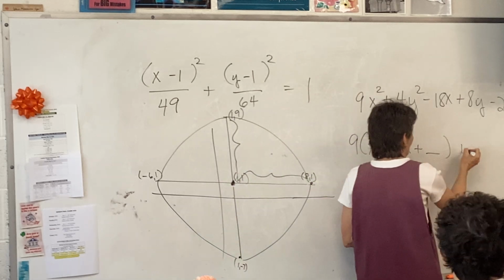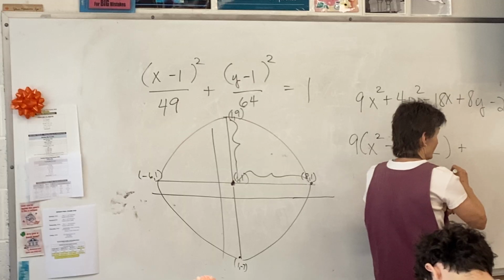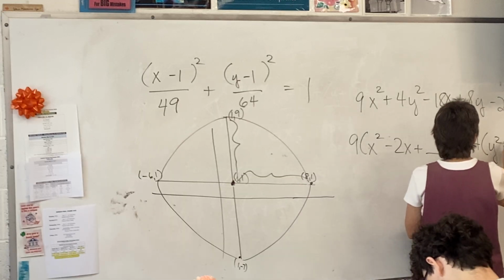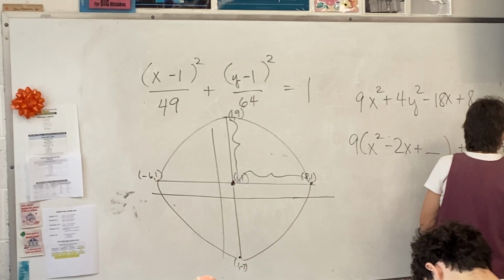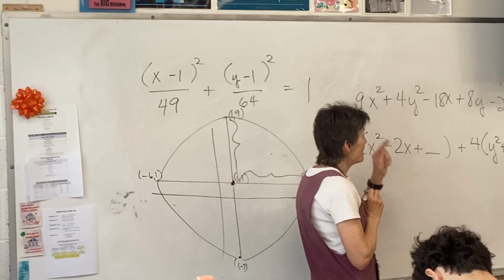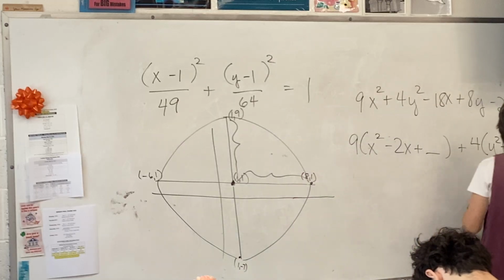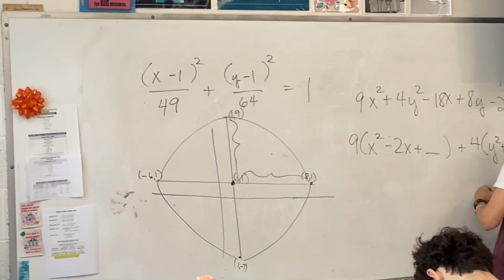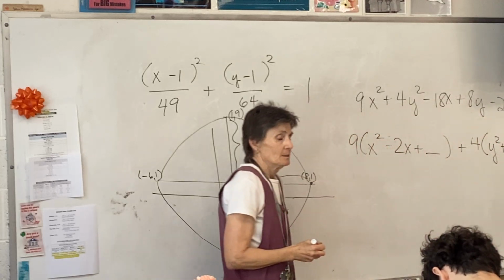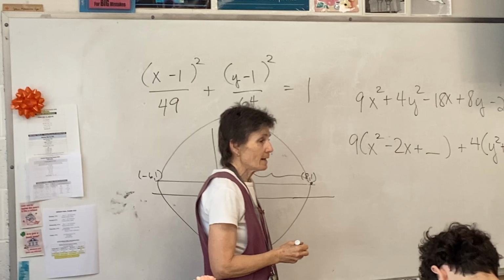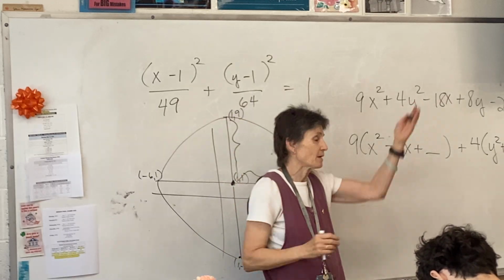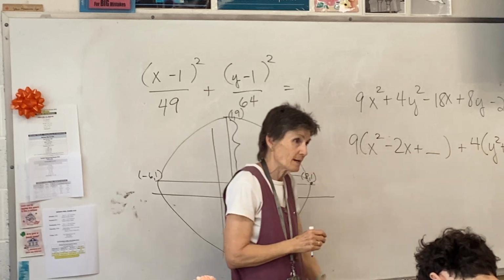Now guess what I'm going to do? Group my y's and take out a 4. And then I'm going to move that 23 to the other side. Get it out of the way. And of course, if I have 2 blanks on the left, I'm going to have blanks on the right.